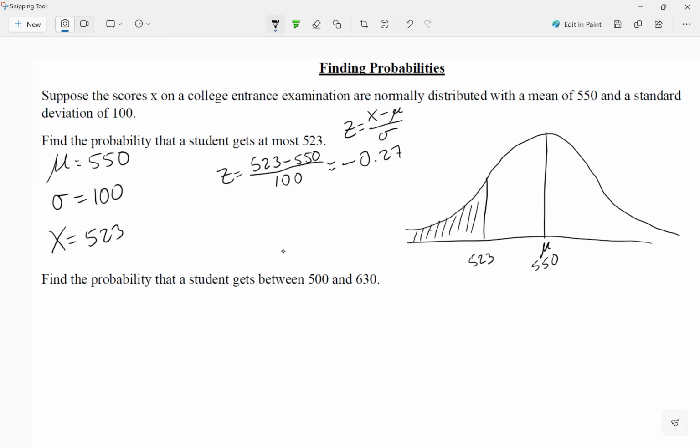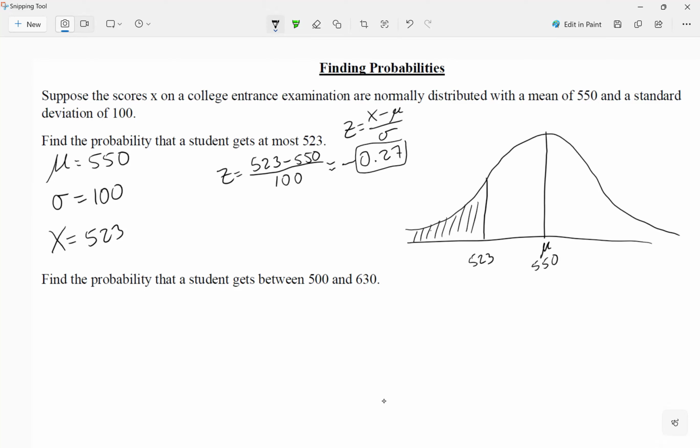I knew that already, so in reality I'm just going to look for 0.27 on my z-score table.